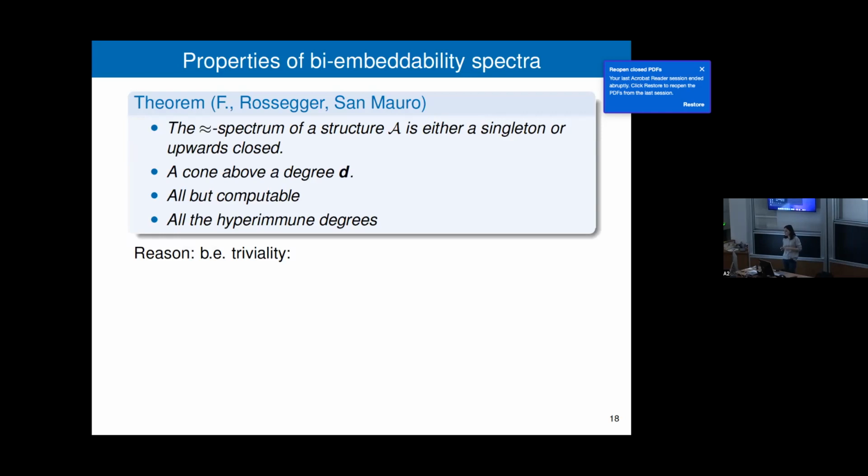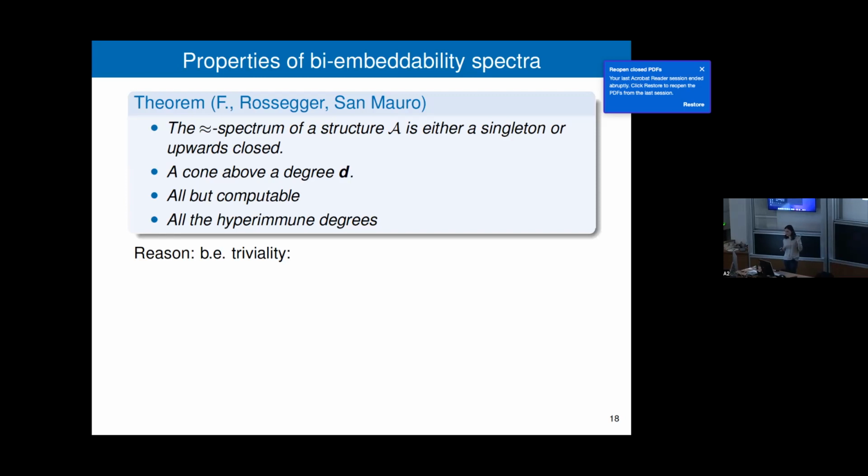First, let me tell you what we know in general about the bi-embeddability spectrum. We know that it is, as usual, either a singleton or upward closed. We know that cones are bi-embeddability spectra, and everything but computable, and everything but hyperimmune, those are bi-embeddability spectra. These results directly transfer from the classical isomorphism degree spectra case.